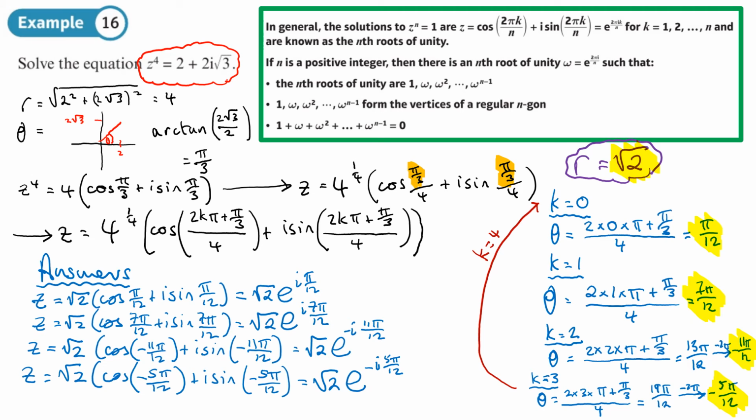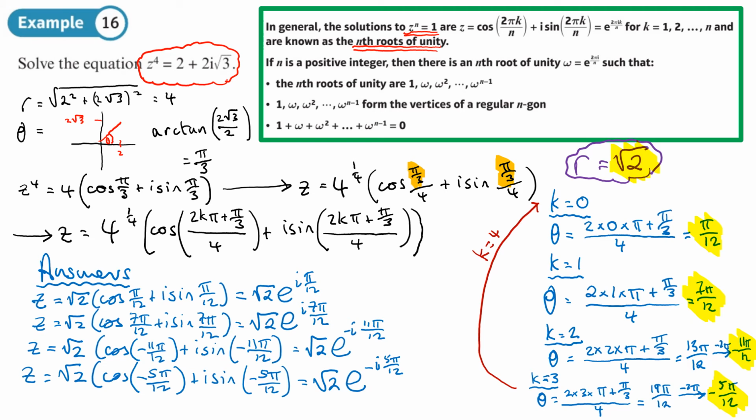Now before I carry on, I just want to talk about what I've got written up here in this box, because there are some things that we can generalize when we have what we call the roots of unity. The roots of unity are basically the roots of 1, the complex roots of 1.